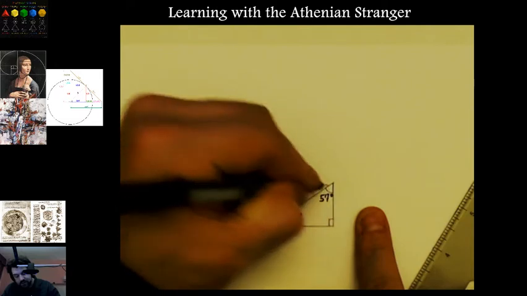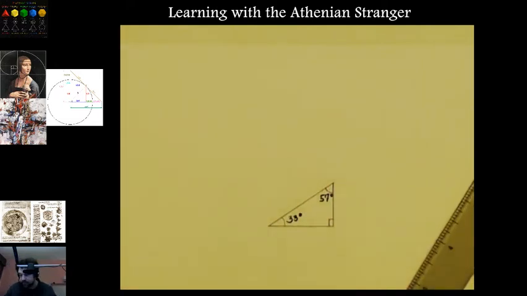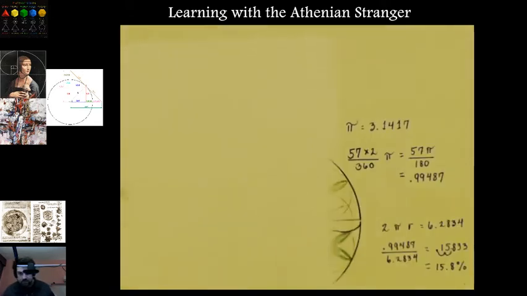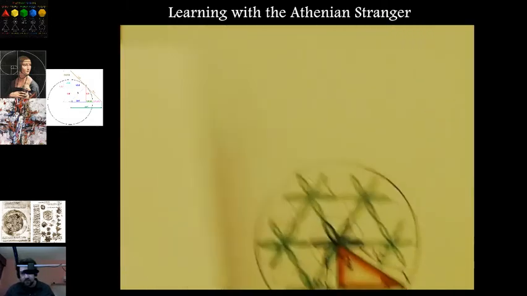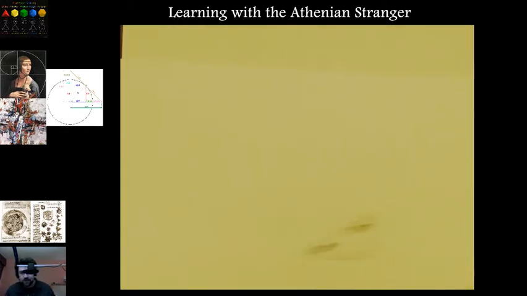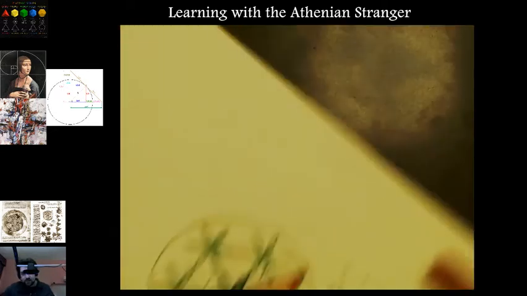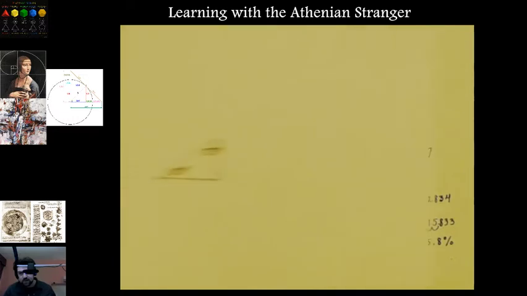Before we move on, I want to make sure that you understand what I've just done, why I'm doing it. Let me compare these side by side. All I did was move the triangle around. It's the same triangle. I just moved it around. That's all I did.